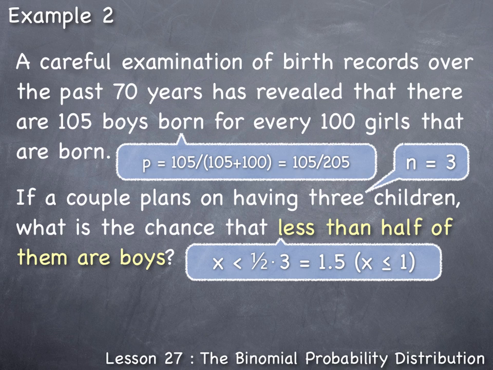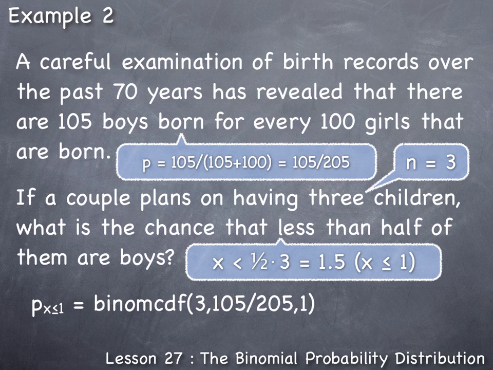To calculate these probabilities of less than or equal to 1, we would use the binom CDF command on the TI-84 calculator. Thus, the probability that the random variable x is less than or equal to 1 is calculated by executing the binom CDF command using an n equals 3, comma, p equals 105 divided by 205, comma, and the x equals 1.